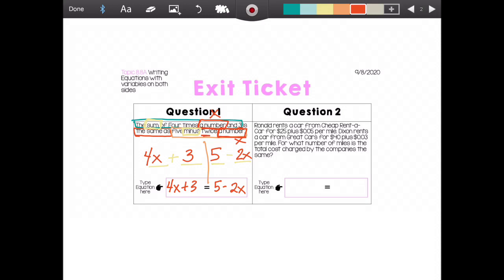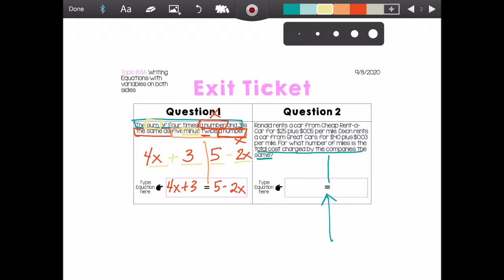For what number of miles is the total cost charged by the companies the same? We want to find when the total cost charged by the companies is the same. That tells me I'm going to set these two companies equal to one another, meaning one company is going to be on the left and one company is going to be on the right.